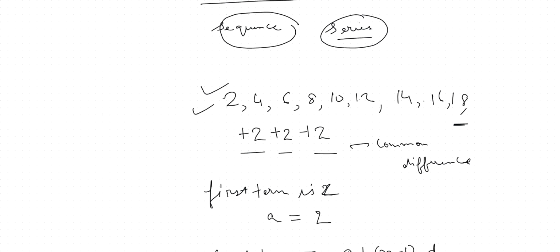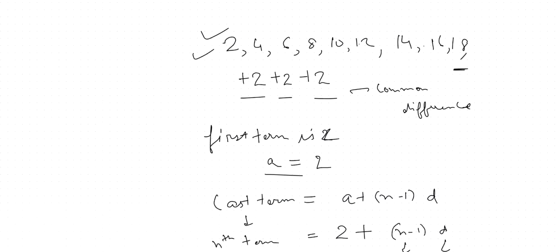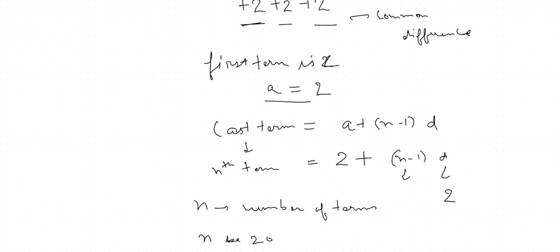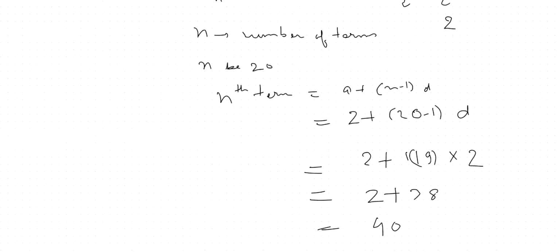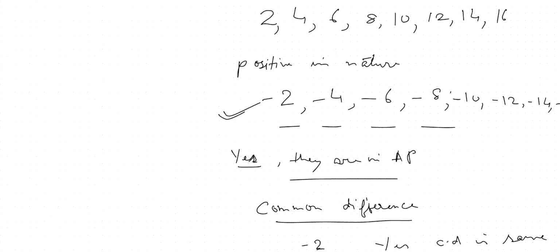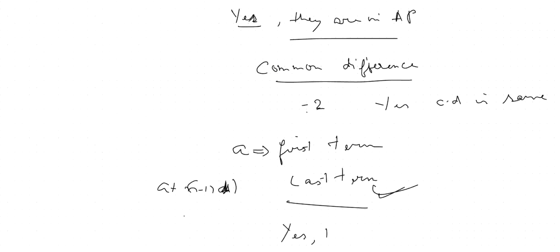So I said let's take the first term as A, this is 2. Then I told you what is the last term, and I told you that this plus 2 is known as the common difference. Then I also gave you the formula for the nth term, and I told you that this formula, a plus n minus 1 d, is also useful for the last term. The same formula can be used in two things.